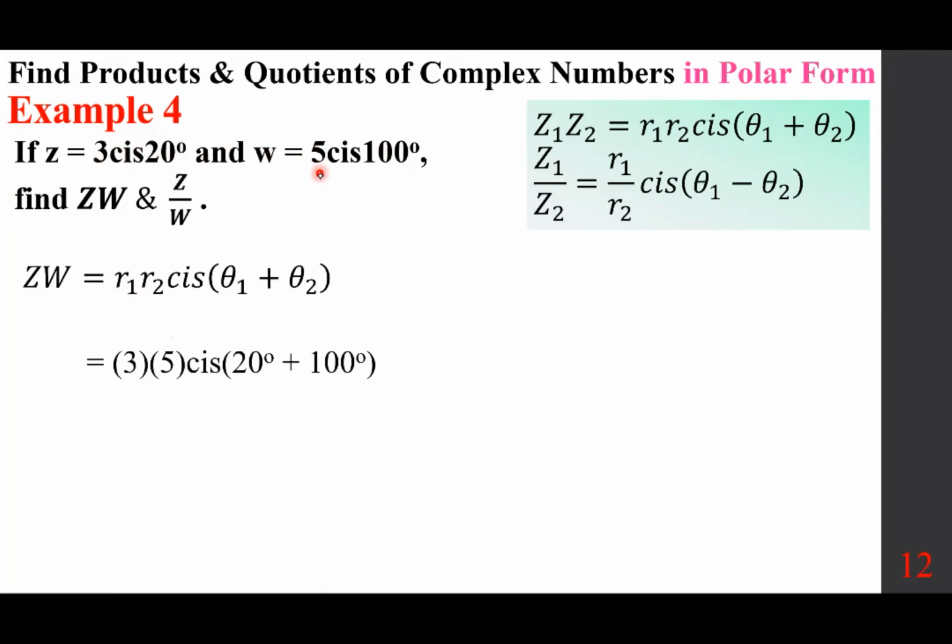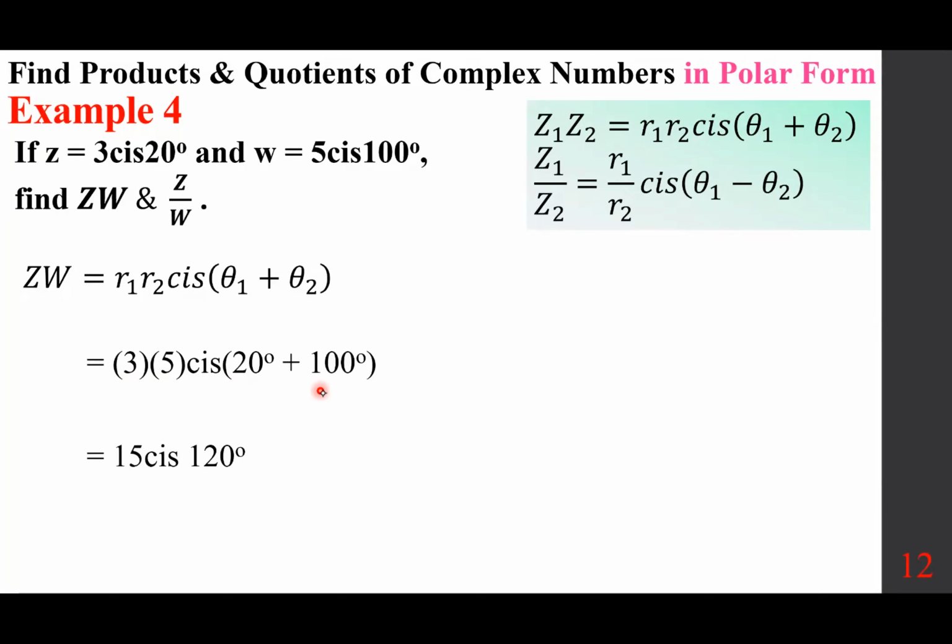Again, cis means cosine and then I sine. So this is 15 cis 120 degrees. So we found the product in a complex form.